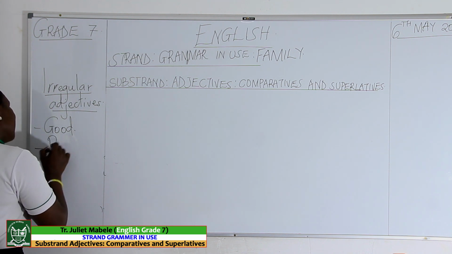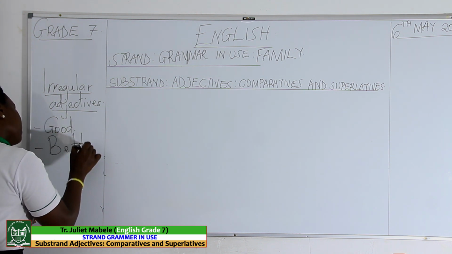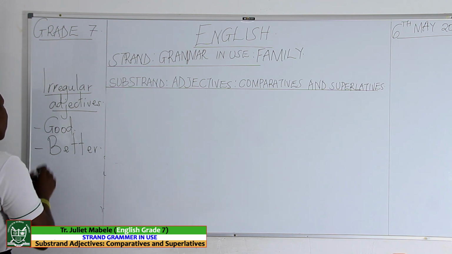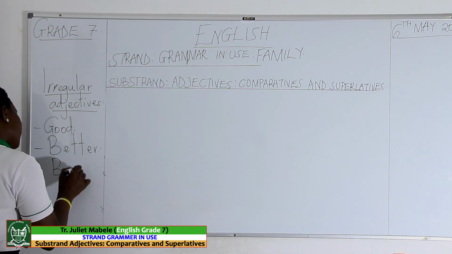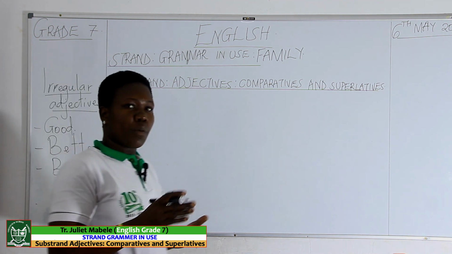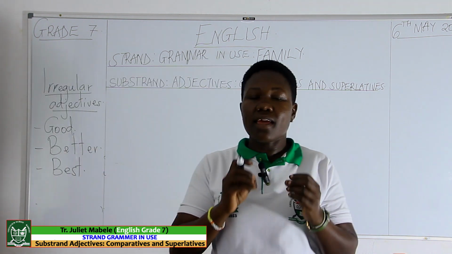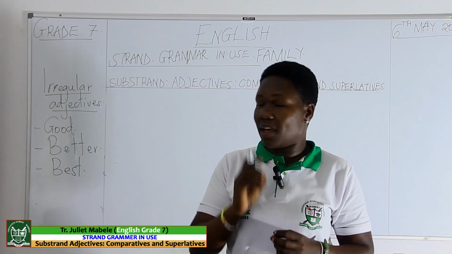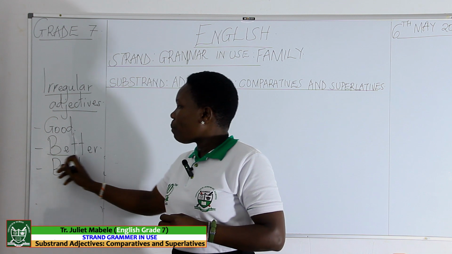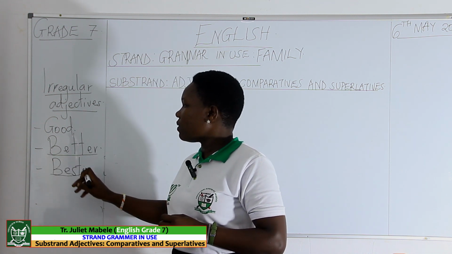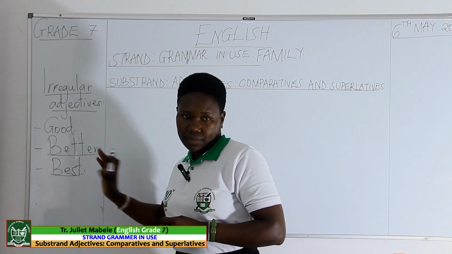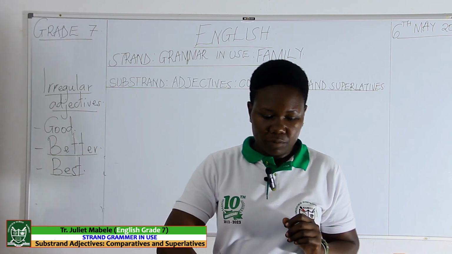You realize that it has changed completely in its comparative form, and the superlative form will change completely to best. Unlike the regular adjectives, where we add the suffix er and est, in the irregular adjectives the comparative and superlative forms change completely. I hope we are together up to that point.